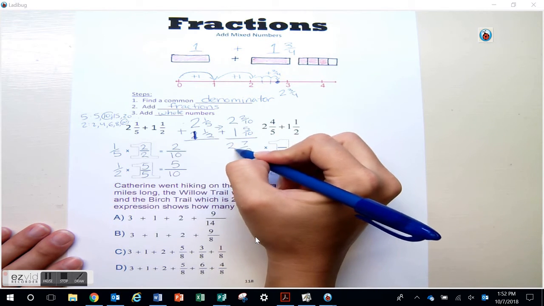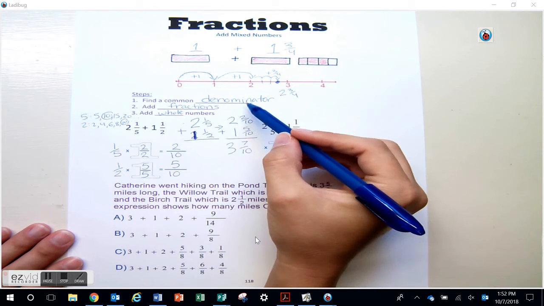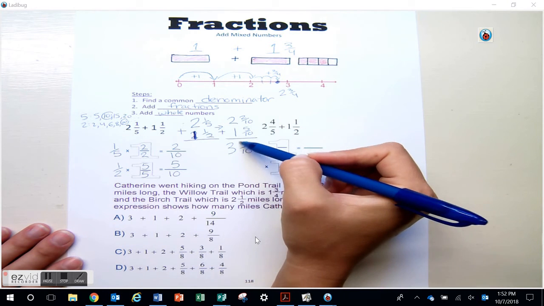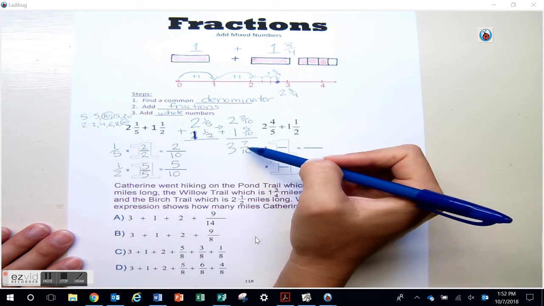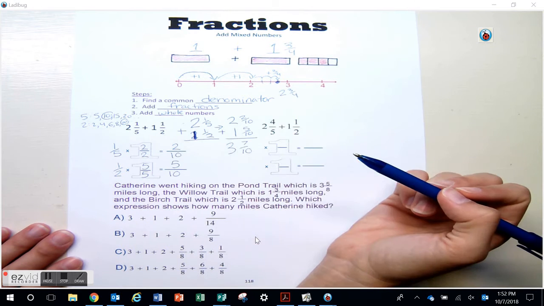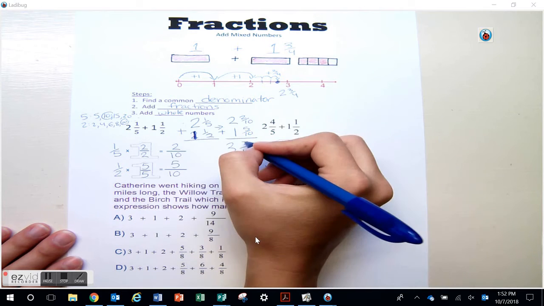I found a common denominator. I rewrote it in my problem. Then I added the fractions and got 7/10. Then I added the whole numbers and got 3 as my whole number. And this is my final answer.